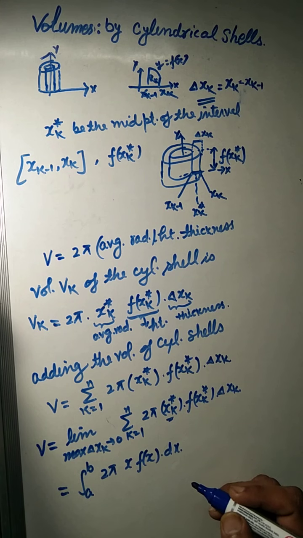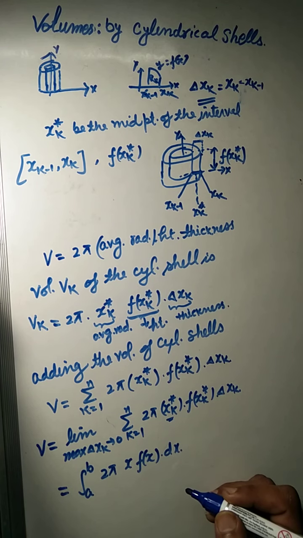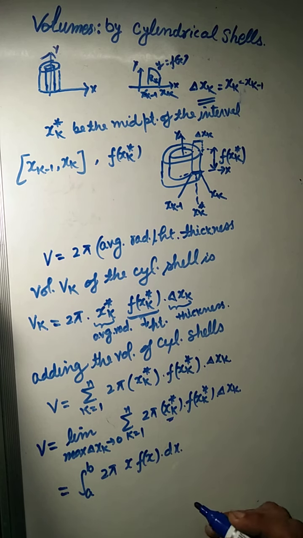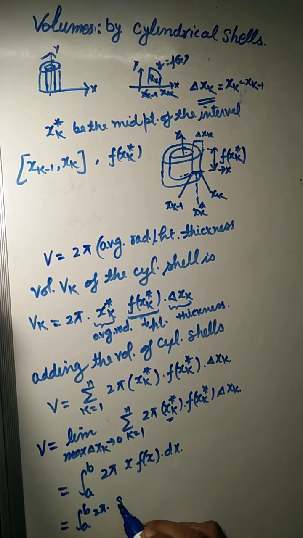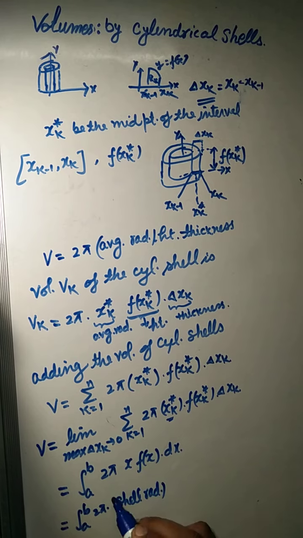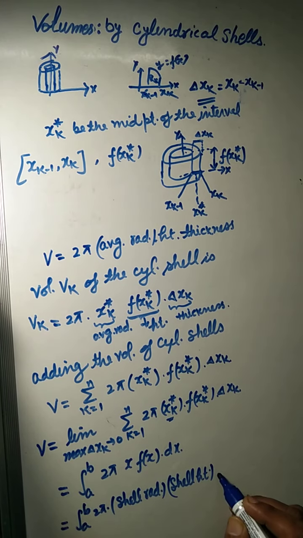Now we have some formula. So here the volume of the cylindrical shell equals the integral from a to b of 2 pi times shell radius times shell height dx.